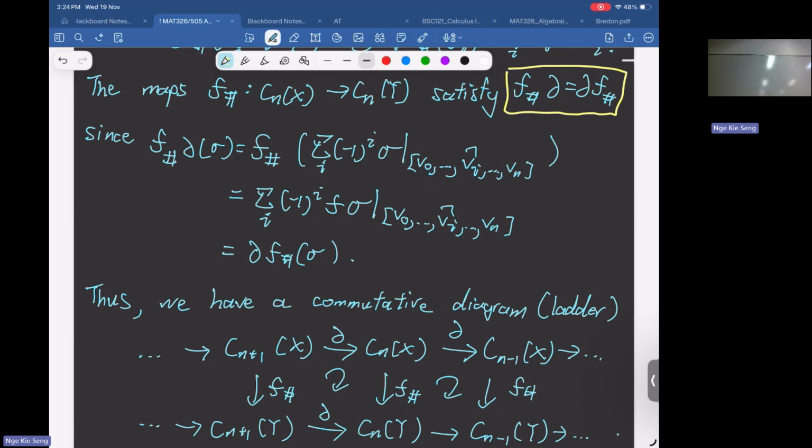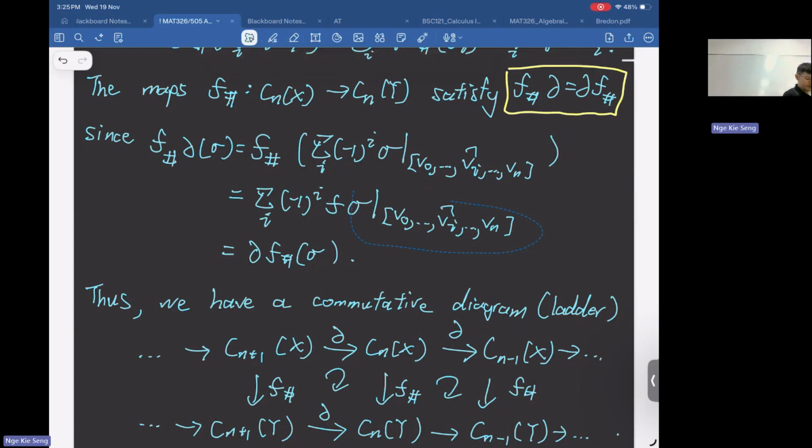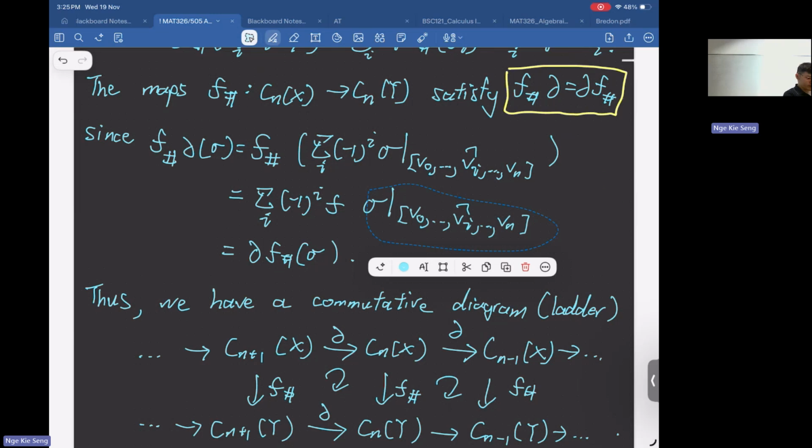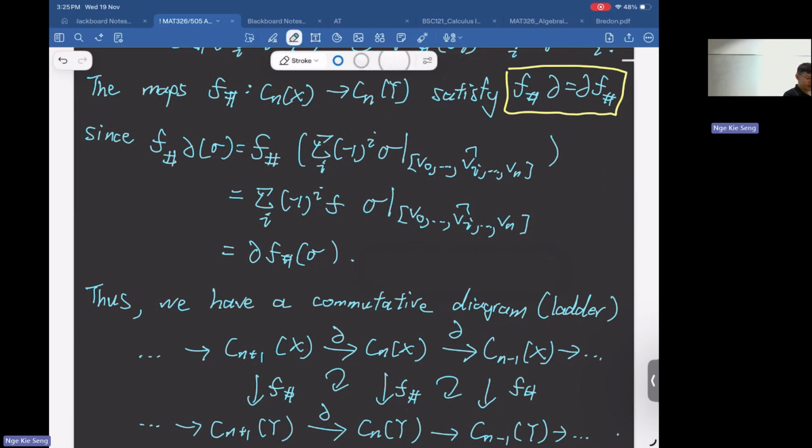But F is linear, right? So you can bring the F in and then F composed with the sigma here. We claim that this is just F sharp. Is it hard to see or not? This is F sharp. So you do sigma and then you do F. This is how we define F sharp, right?